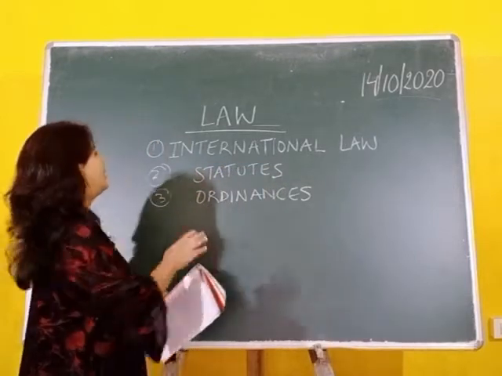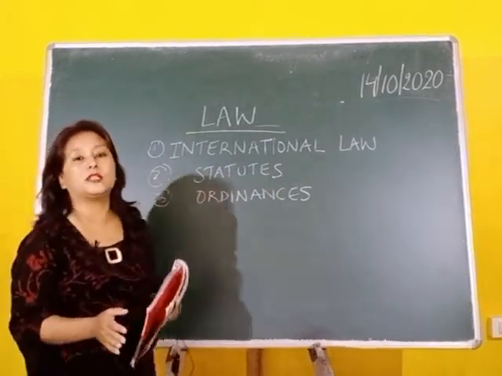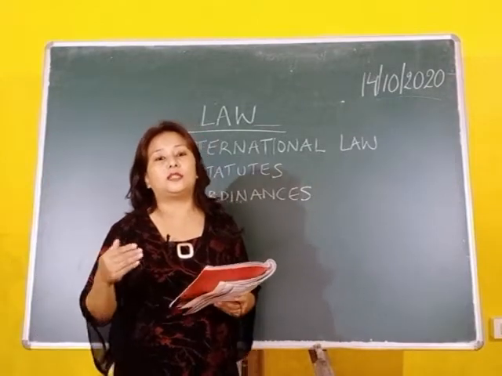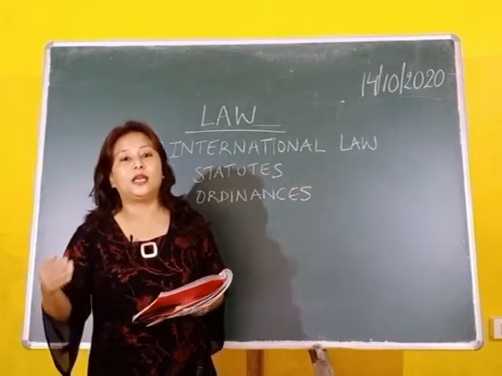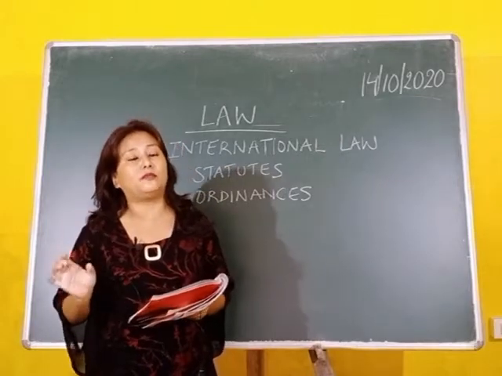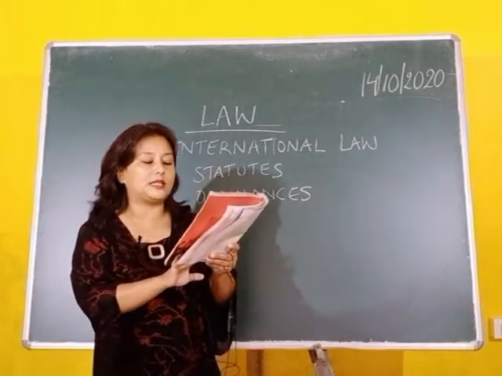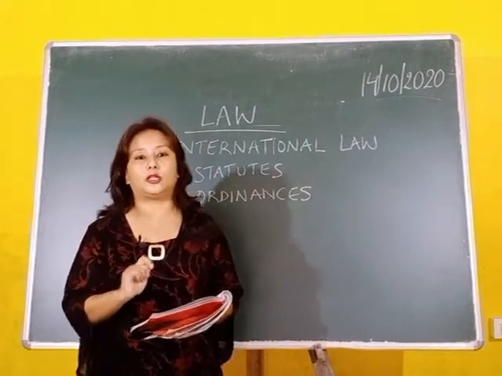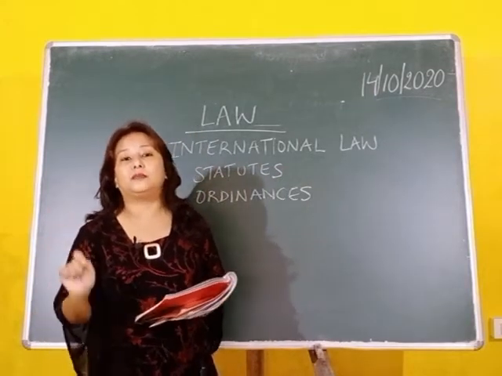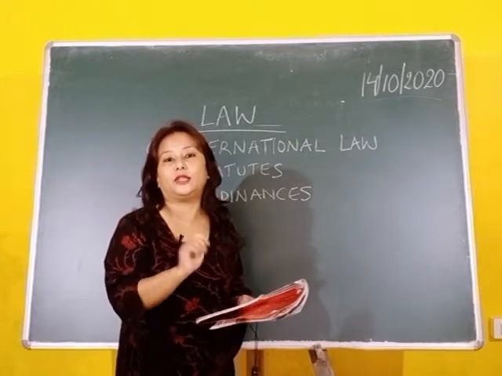Then the last kind of law here is your ordinances. Now ordinances, you must have heard of it. In the civics portion it is very much there. In class 10 also you've studied about it. What are ordinances? This is an official order which is passed by the executive head of the state.